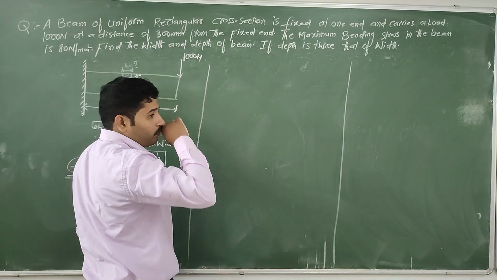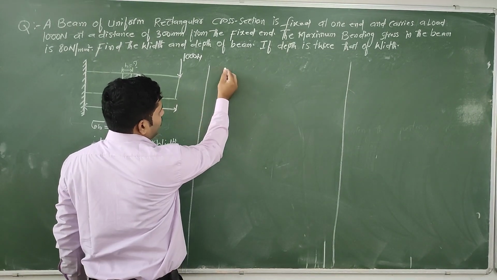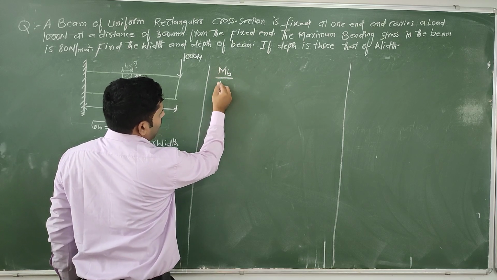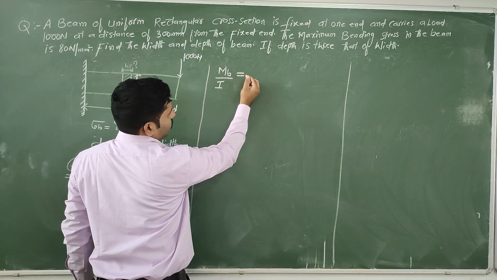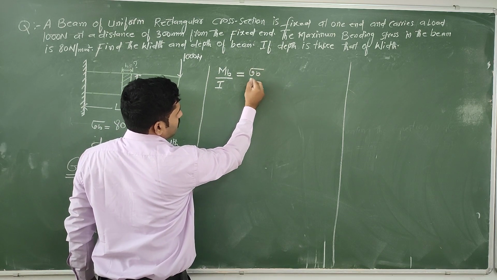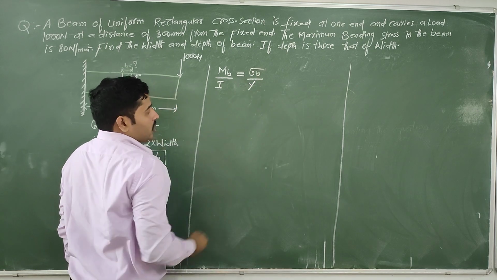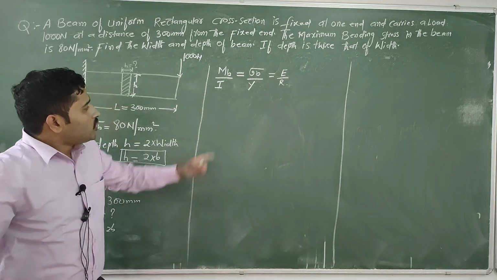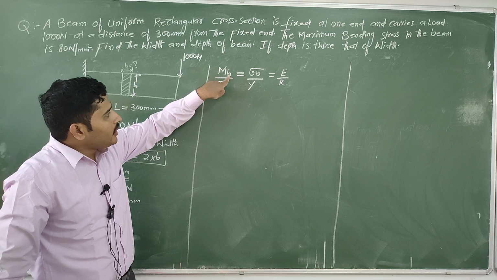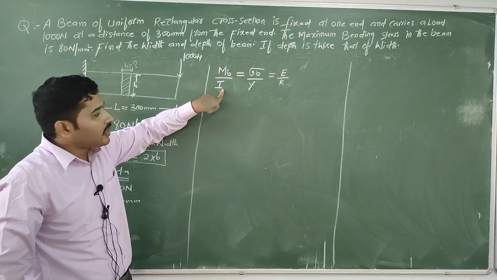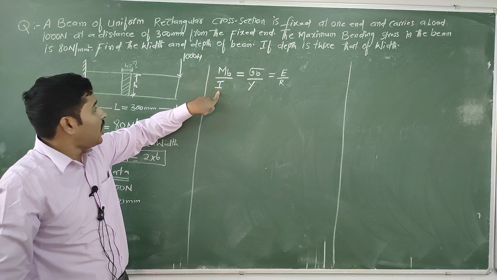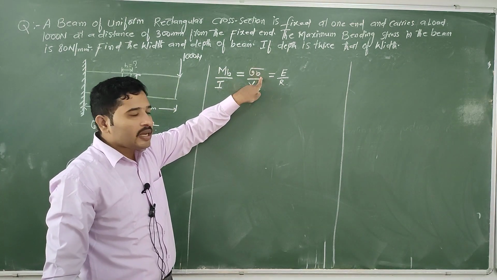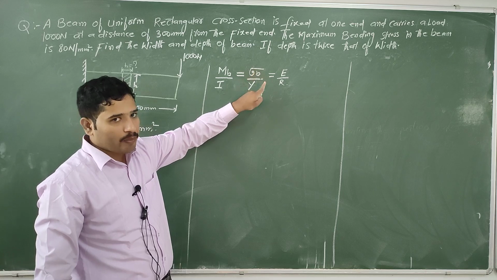You know very well, using the equation M_B by I is equal to bending stress by Y is equal to E by R. So M_B indicates the bending moment, I indicates the moment of inertia of a rectangular beam, and sigma B indicates the bending stress of a beam.